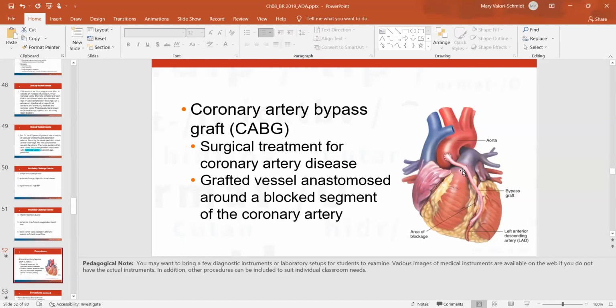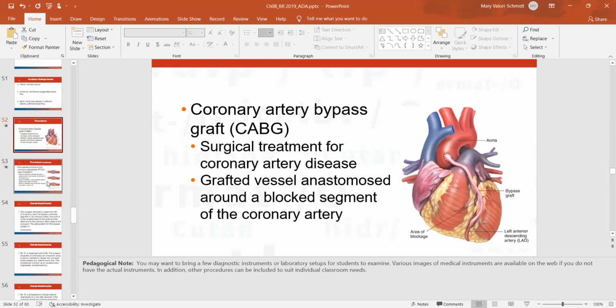This thing right here is a blood vessel that was harvested from another part of the body, usually the leg, and grafted from here down to bypass the blockage and restore blood flow down here. So that's what a coronary artery bypass graft is. Everybody calls it open heart surgery. It's a CABG, not like the cabbage that you eat.